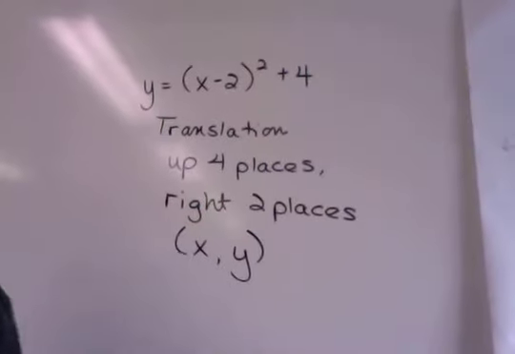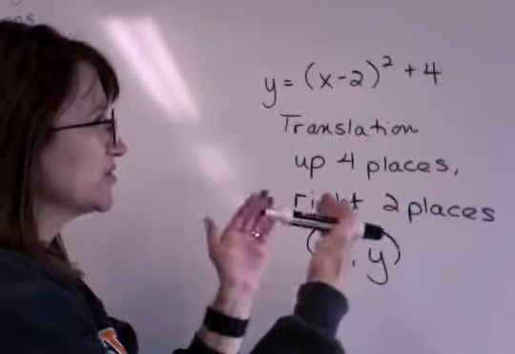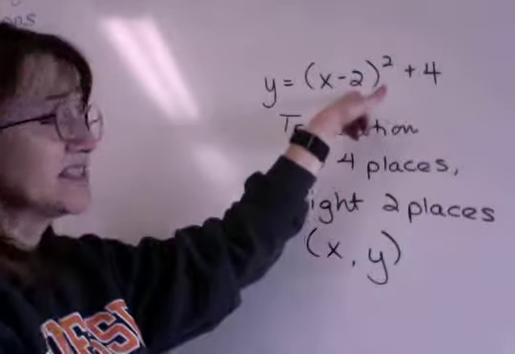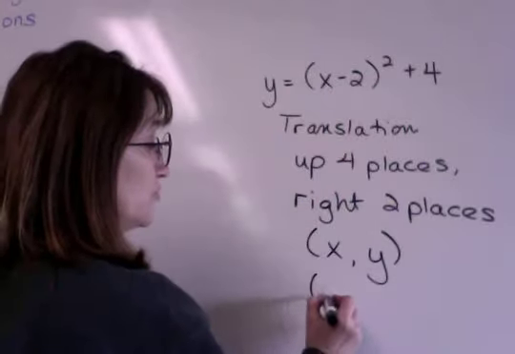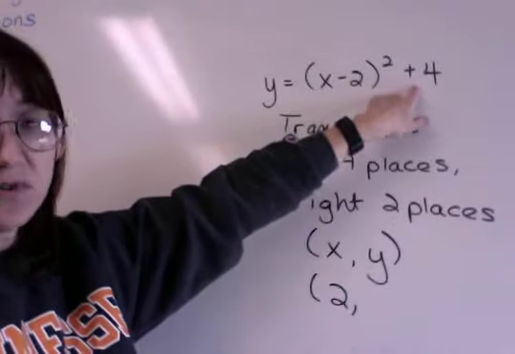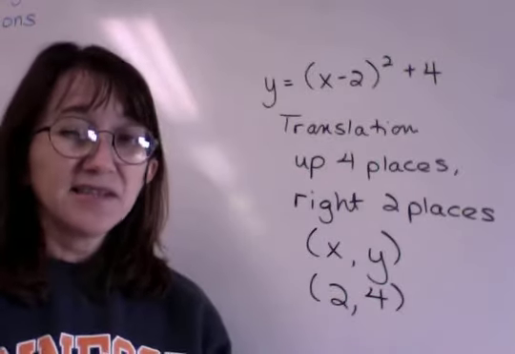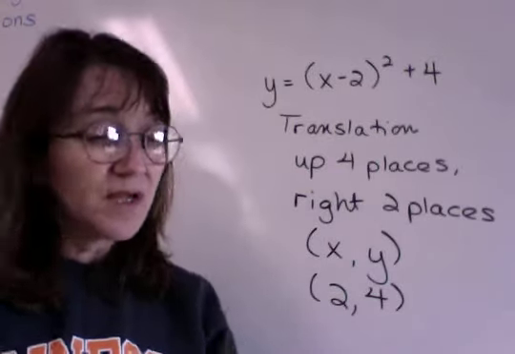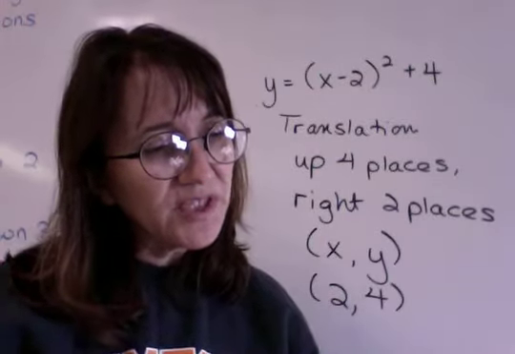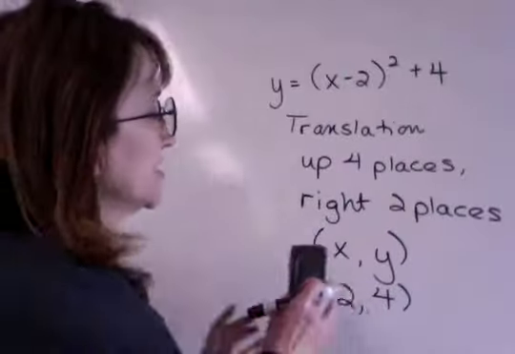So when I'm trying to find the vertex, I ask which one is telling me to shift right to left? That's telling me to go a positive 2 places. Which one is telling me to go up or down? That's this one, telling me to go up 4 places. Does this seem familiar? If you look at the next one, it's where both of them swap. We'll do that one too, just to get it in your brain.